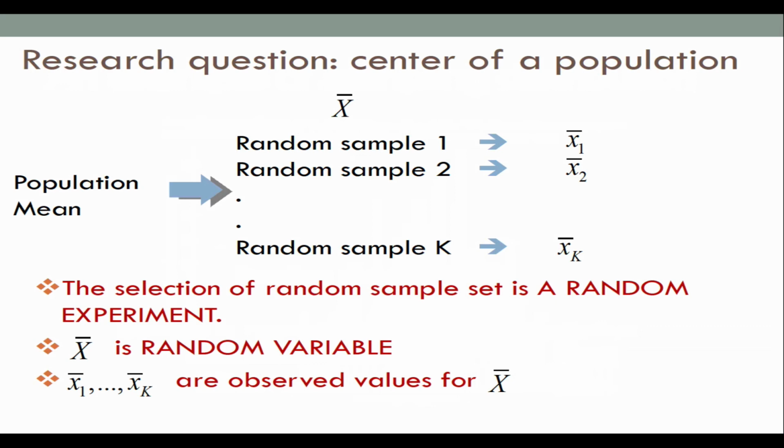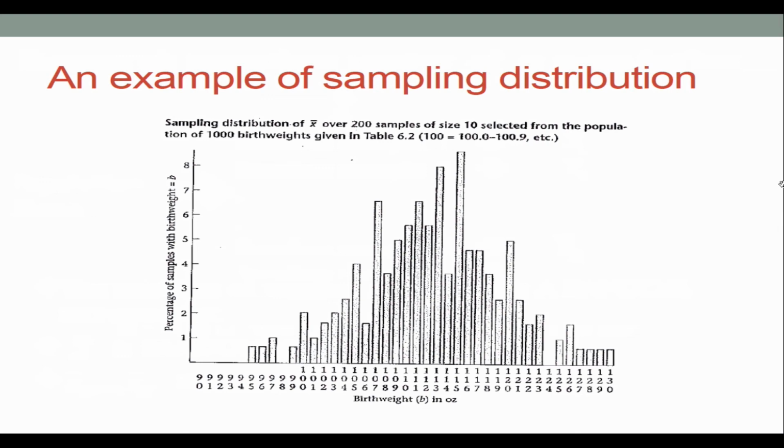Then this capital X bar is a random variable, and it's general because it has a distribution. If you draw all the possible samples with sample size n, you can draw this histogram. This is the empirical distribution for capital X bar. And then there is the standard error, or variance, for capital X bar.